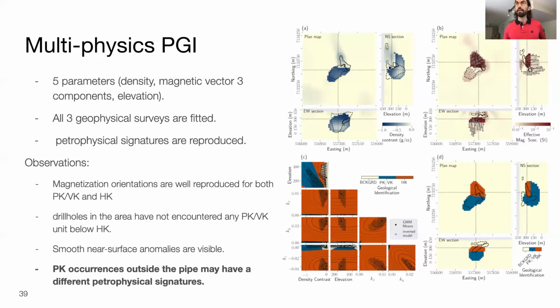It's massive, and it's very possible that outside of the pipe, those near surface kimberlites have a different gravity response and different density. So with that framework, we can make the assumption about a fourth unit, and we can make assumptions about its petrophysical characteristics.